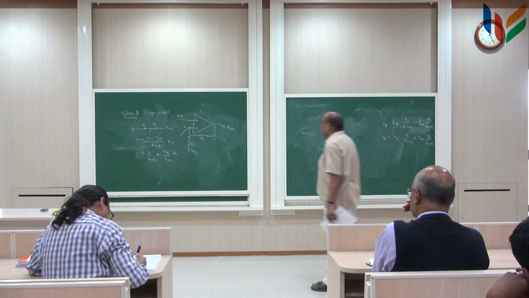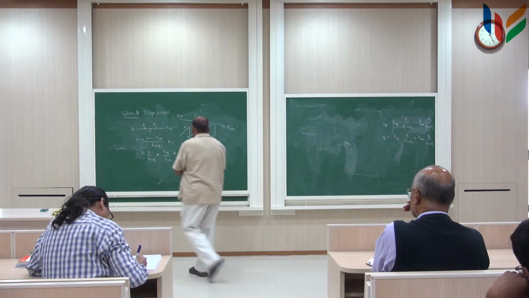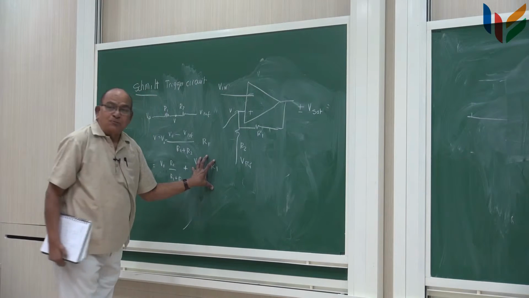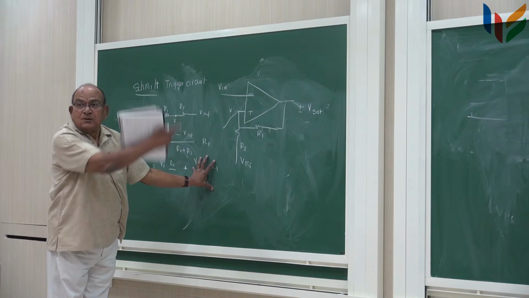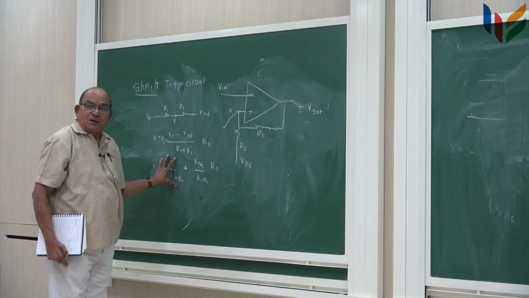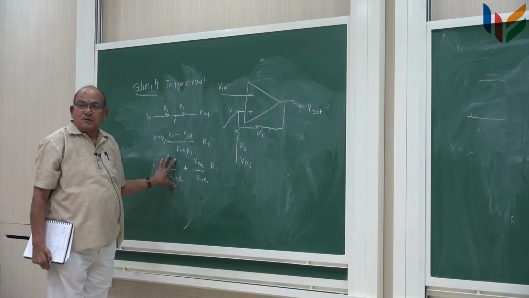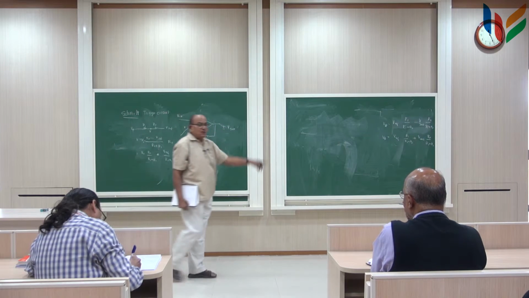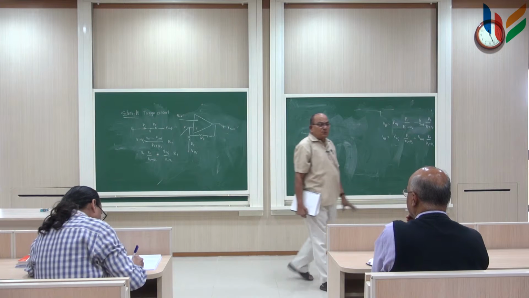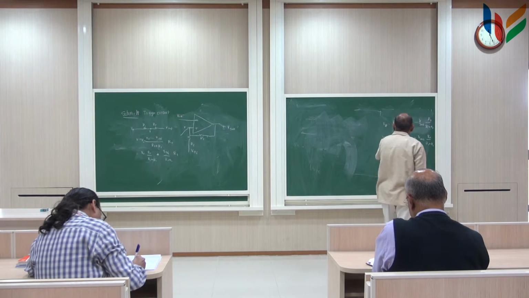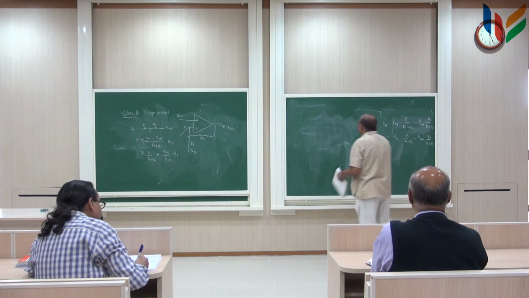Okay. So, let me call this, when this is the same for both, the first term. The second term will be plus or minus depending upon V0 being a plus Vsat or minus Vsat. So, I am calling these two voltages, with Vsat being positive and Vsat being negative, as equal to Va and Vb.